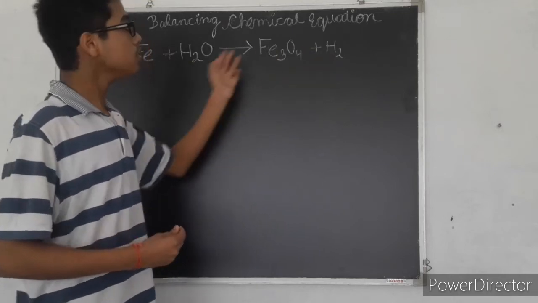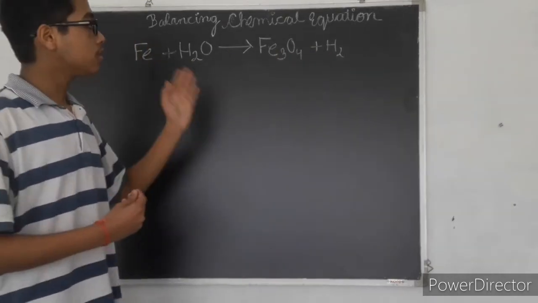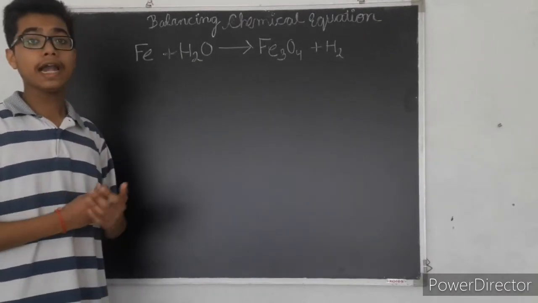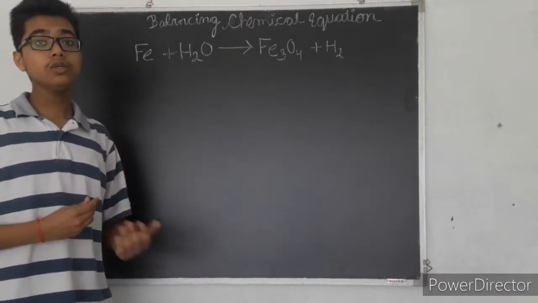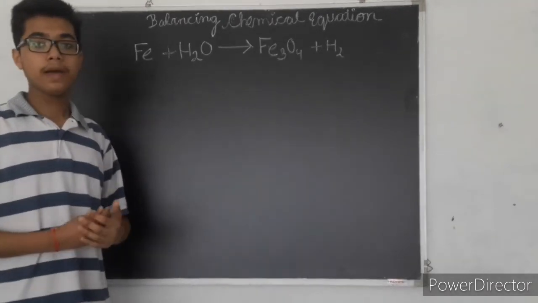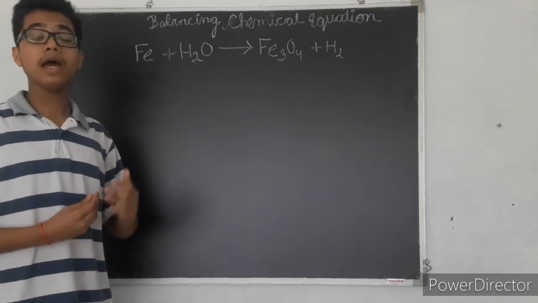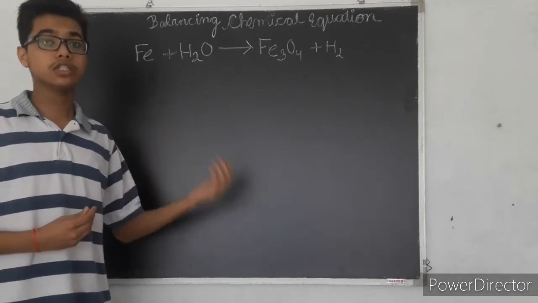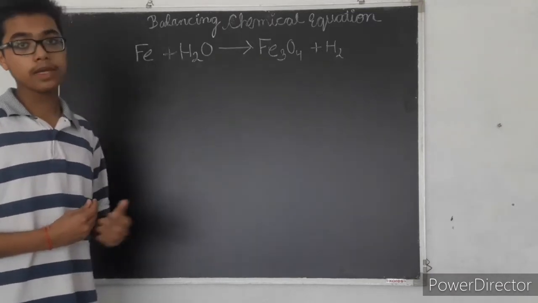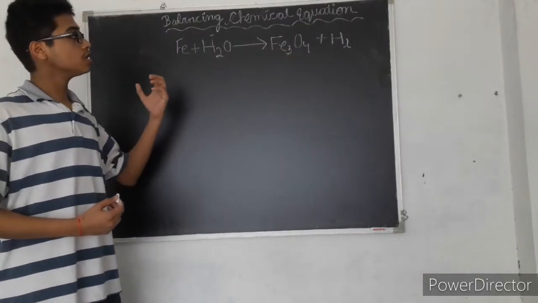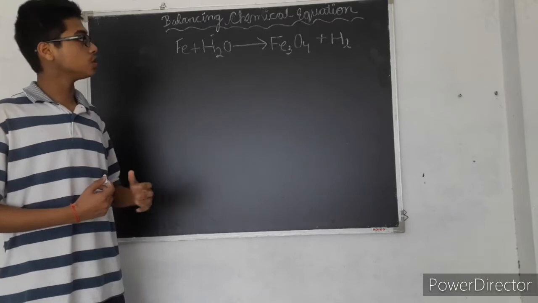Here hydrogen is 2, so it is okay. But this is not a balanced equation, because it is showing that atoms are created, but according to the law of conservation of matter, we have to prove that matter cannot be created or destroyed during a chemical reaction. Now friends, see how to balance a chemical equation.